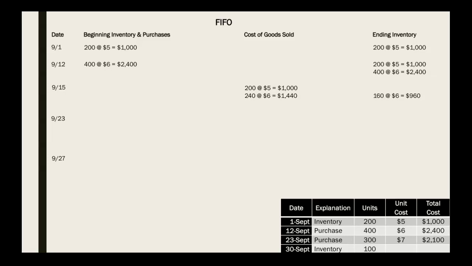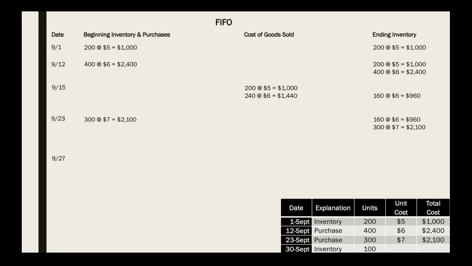Then the inventory at $6 a piece, we had 400 and we just sold 240 of them. So 400 minus 240 gets us that 160. So we still have 160 units at $6 a piece. If you multiply 160 times 6, you will get that $960.